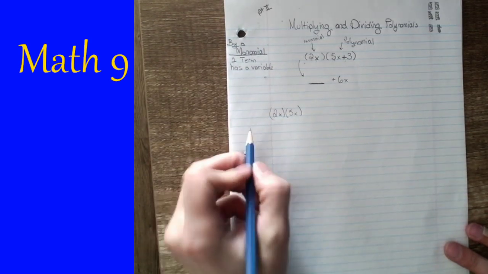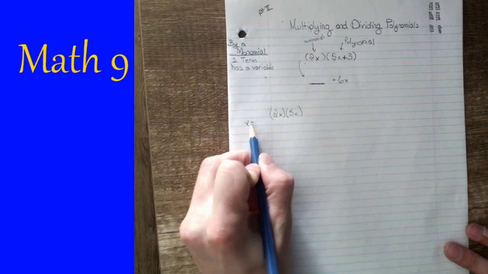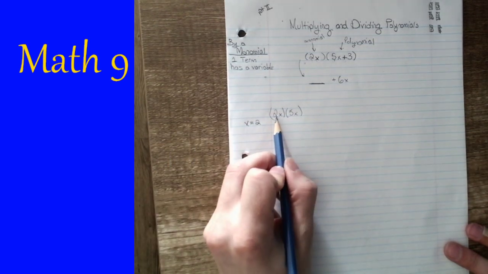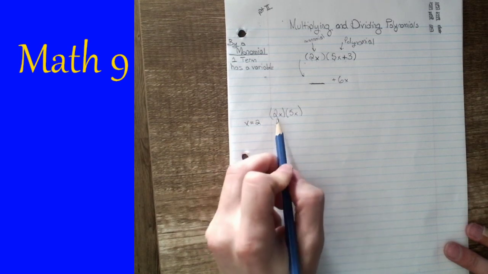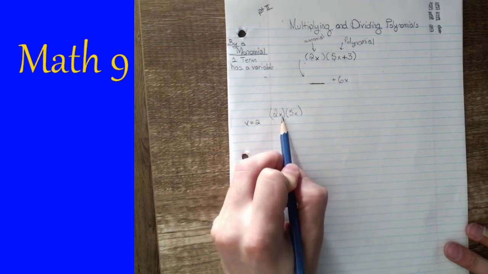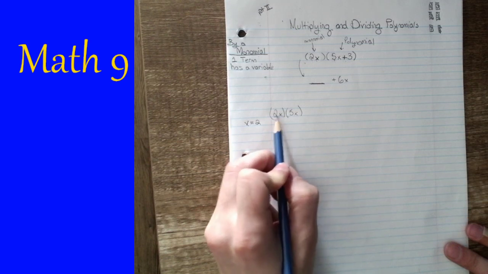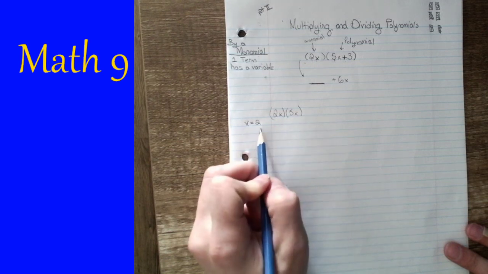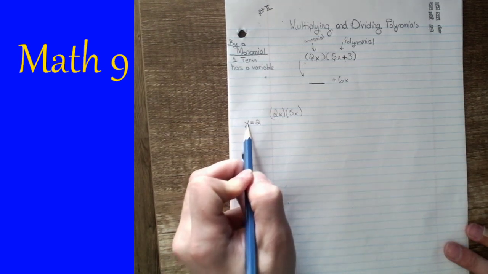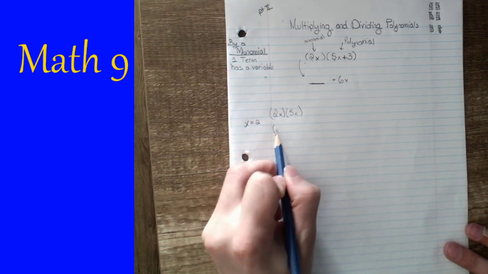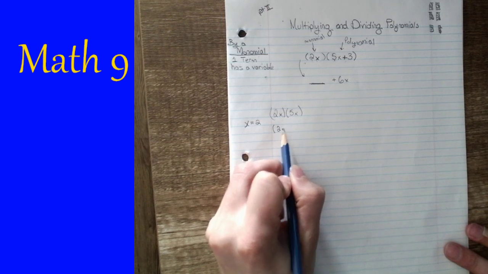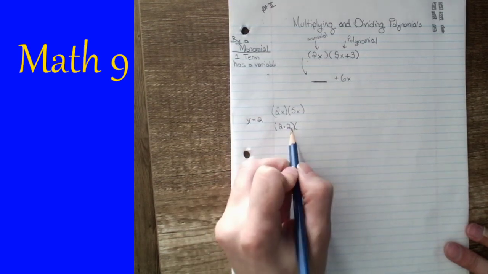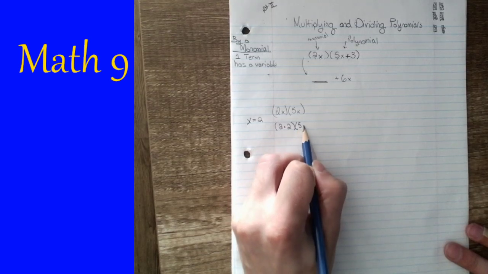So the first x value I'd like to choose is x equal to 2. If x is equal to 2, 2x means 2 multiplied by x. I'm going to multiply this by 5 multiplied by x, where here x is 2. So this will look like 2 multiplied by 2, and that whole thing is multiplied by 5 multiplied by 2.